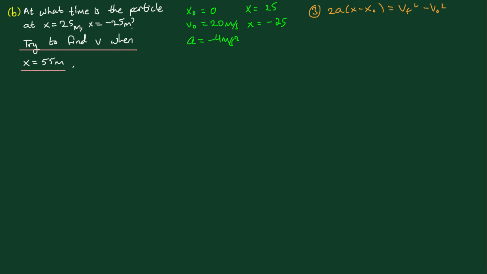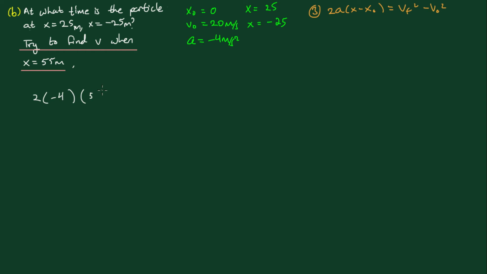Now, the last part of this problem tries to get us to find v when x is equal to 55 meters. The equation that we're going to be using is the third equation: 2a times x minus x naught is equal to v sub f squared minus v sub naught squared. Again, the way we're going to do this is simply by plugging in the values and seeing what comes out. So we're going to have 2 multiplied by a, which is negative 4, and x minus x0. x0 we already know to be 0, and our x here, according to the problem, should be 55 meters.